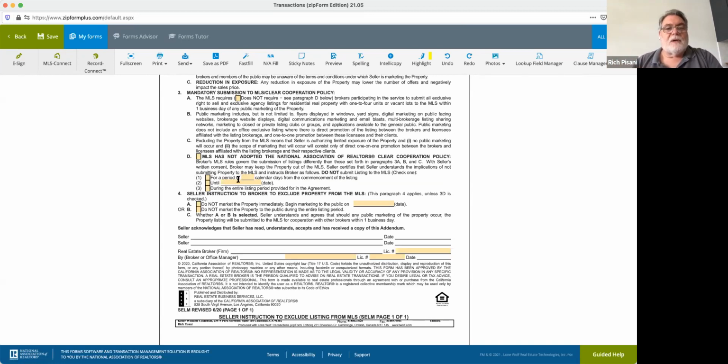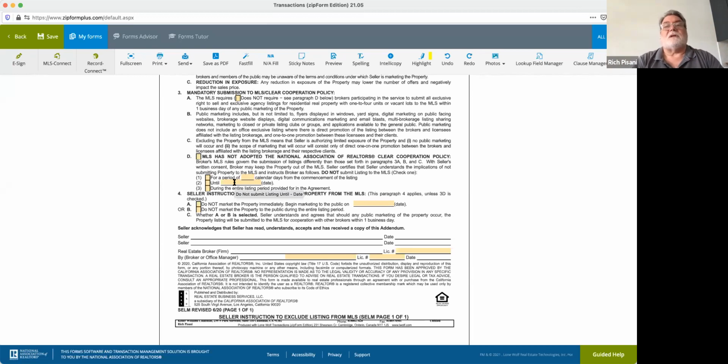Or you can exclude it up until a specific date, or you can do it for the entire listing period. So if you do it for the entire listing period, do you have to adhere to that? Is that law? You can never go against that?